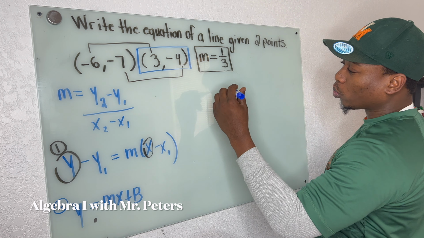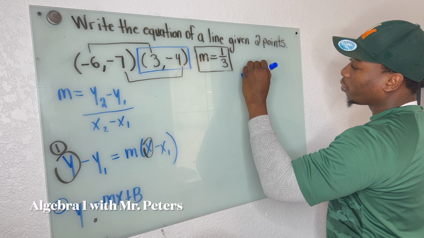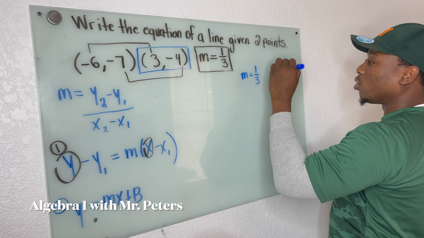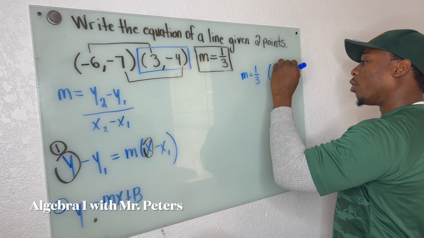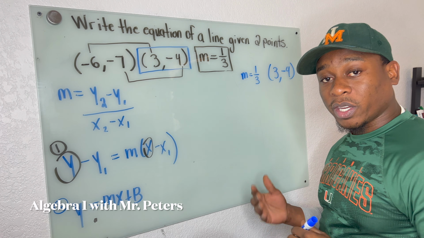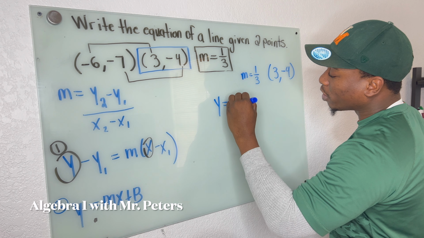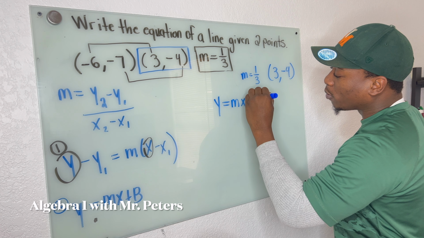We're now going to use this point, right? We're going to use m is equal to 1/3, and we're going to use the point 3, -4 to come up with an equation, and we're using y is equal to mx plus b to help us plug in.